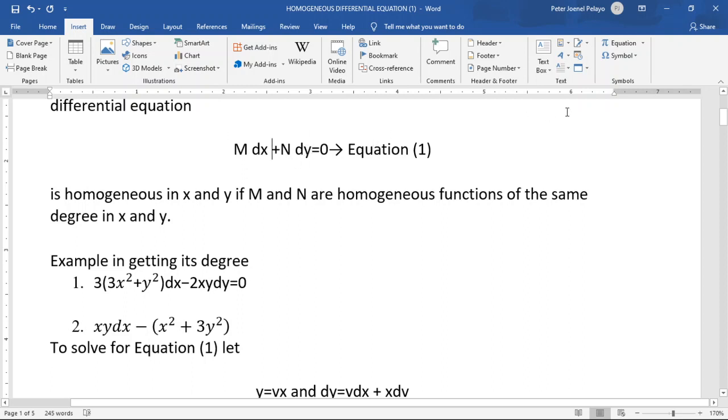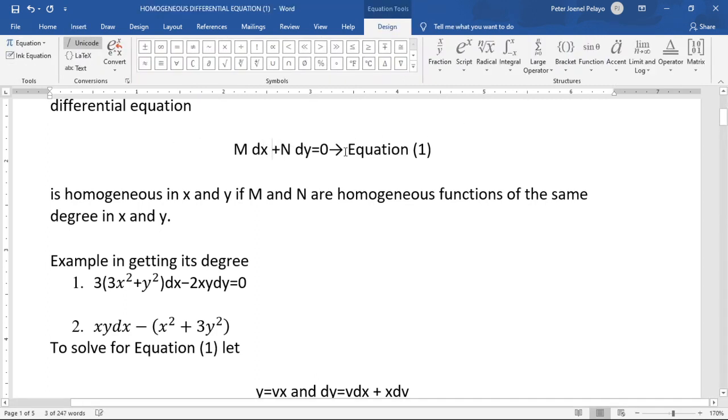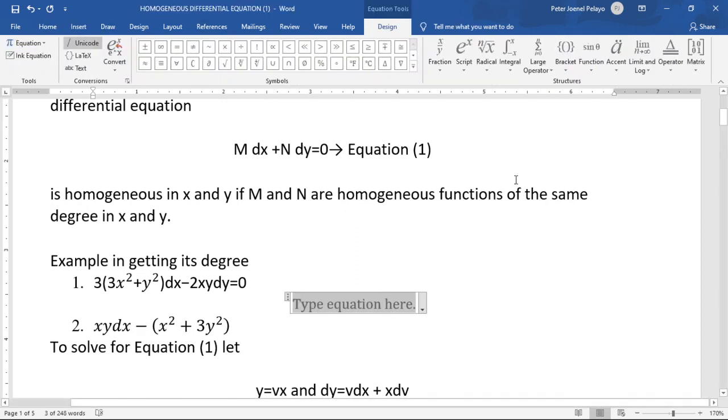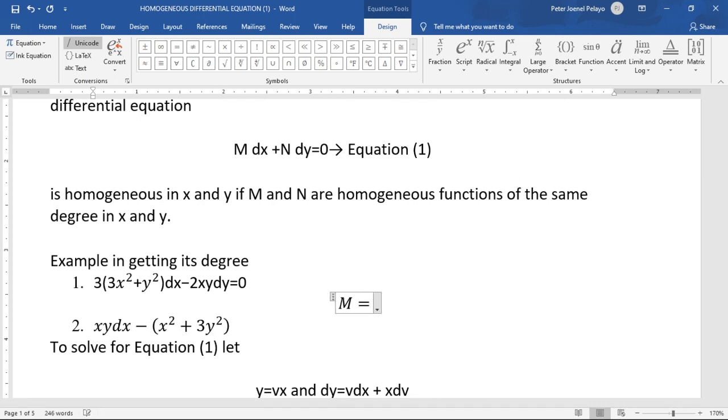So, para pare-parehas tayo, hindi tayo magkakalito kung ano yung M at N. For that instance, ang M natin will be equal to 3 multiplied by the quantity 3x squared plus y squared. So, yun yung M natin. If we distribute, magiging 9x squared plus 3y squared.